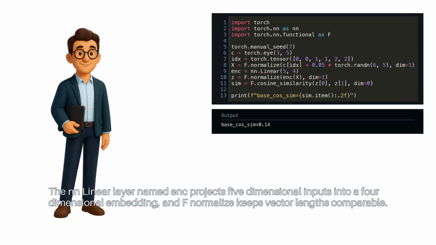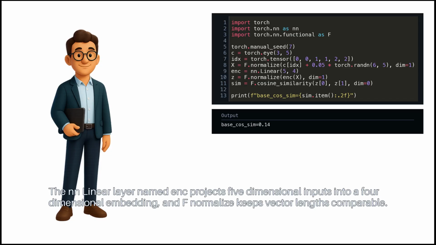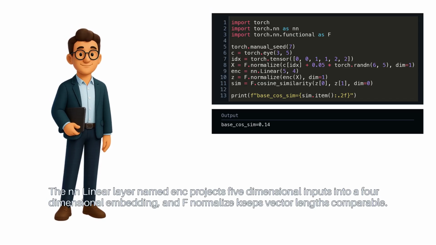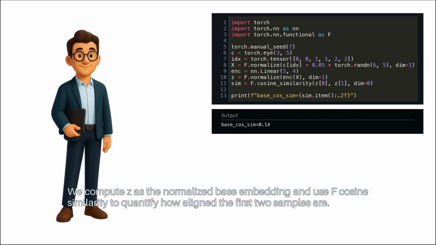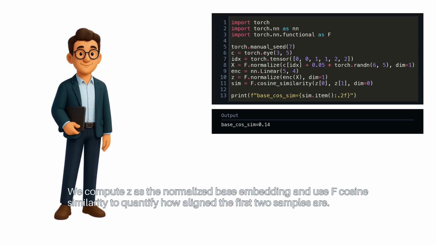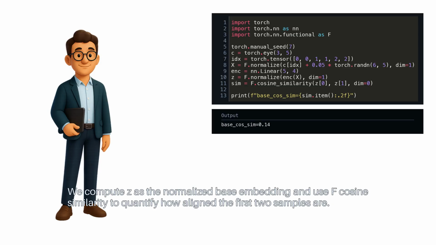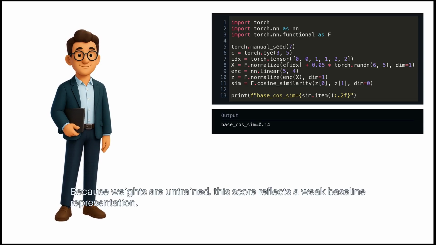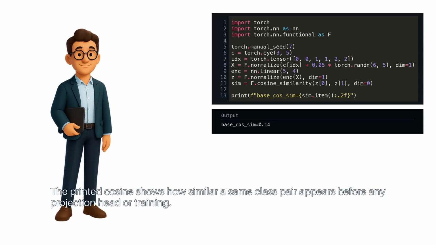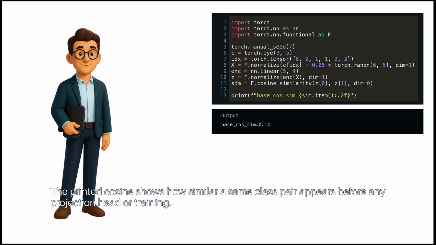The nn.Linear layer, named enc, projects 5-dimensional inputs into a 4-dimensional embedding, and F.normalize keeps vector lengths comparable. We compute Z as the normalized base embedding and use F.cosine_similarity to quantify how aligned the first 2 samples are. Because weights are untrained, this score reflects a weak baseline representation. The printed cosine shows how similar a same class pair appears before any projection head or training.